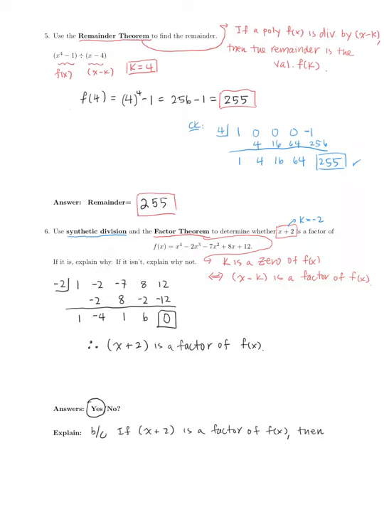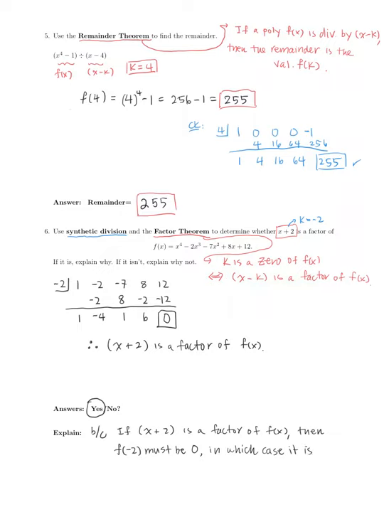Okay, so I'm just going to write it down. So if x plus 2 is a factor of f of x, then f evaluated at negative 2 must be 0. In which case, it is.